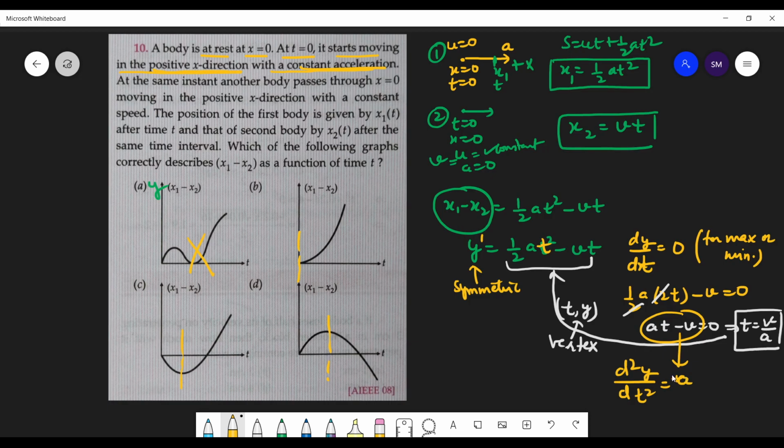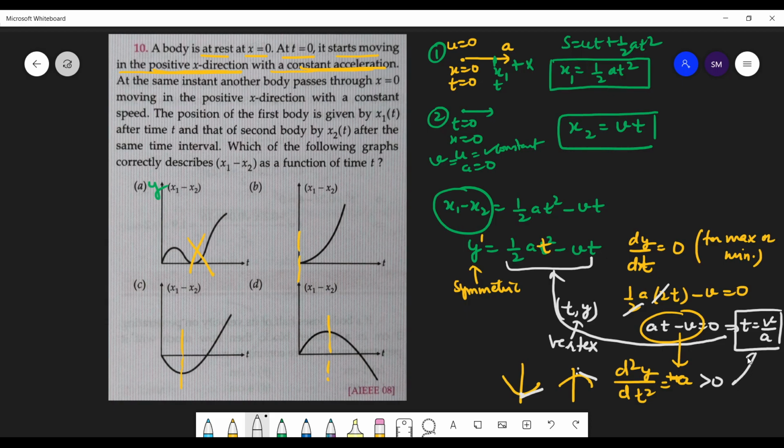So if this is greater than 0, if this is positive, it means my slope will be getting positive. So where will this point be when the slope will be getting positive after minima? So here you have getting negative slope. Slope is getting negative, but here the slope of slope is greater than 0.